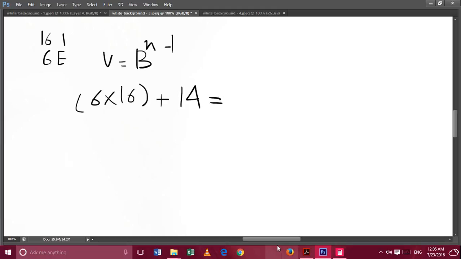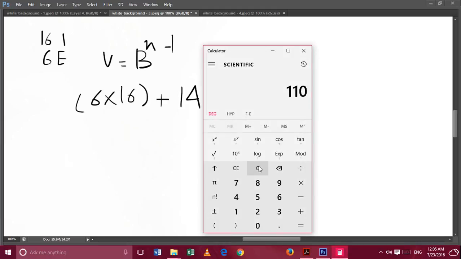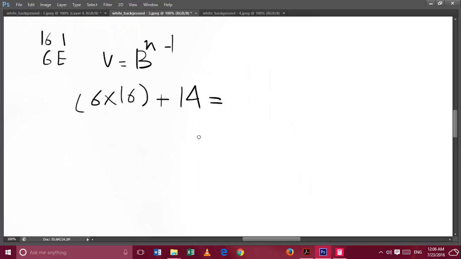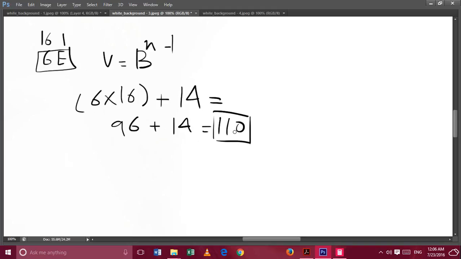Okay, so using a calculator, 6 times 16 equals 96. Then we have 96 plus 14, that equals 110. So this number in hexadecimal equals 110 in decimal.